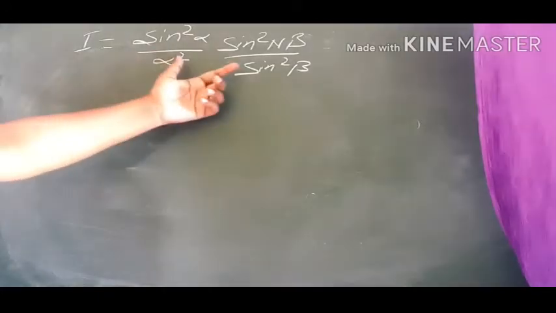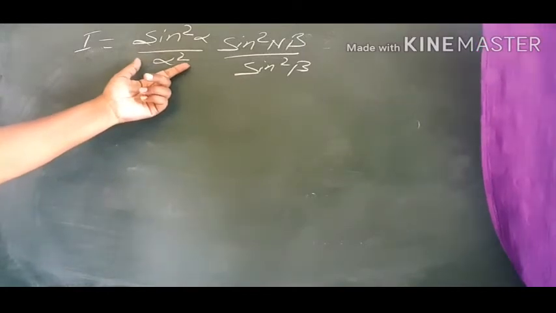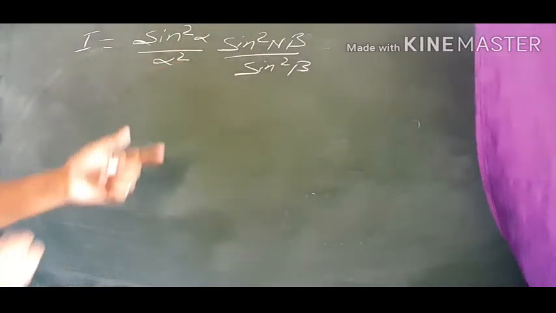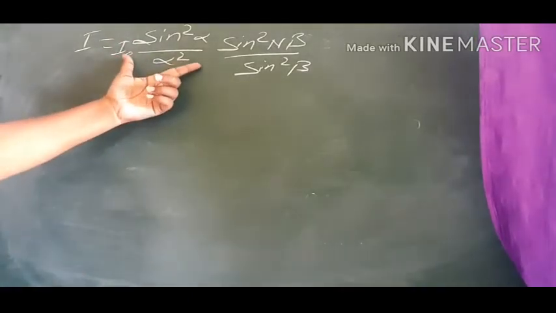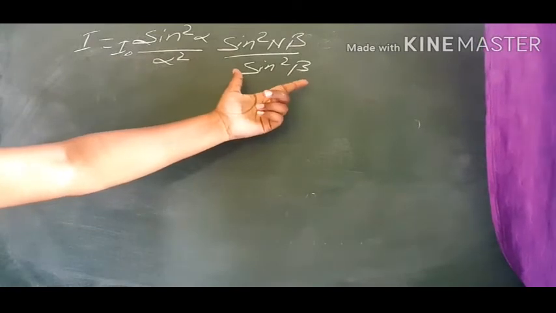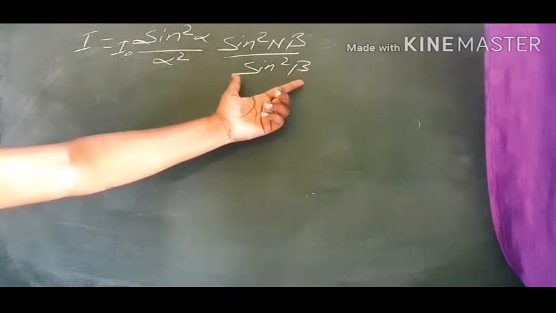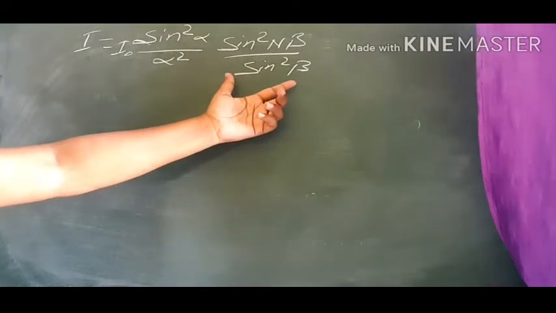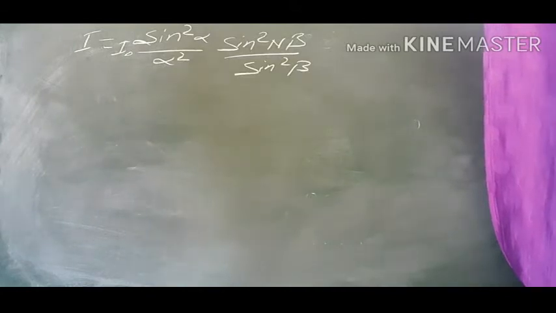So this is the intensity due to N slits. This term is due to the single slit, and only this term gives the contribution of N slits, the diffraction pattern due to N slits.